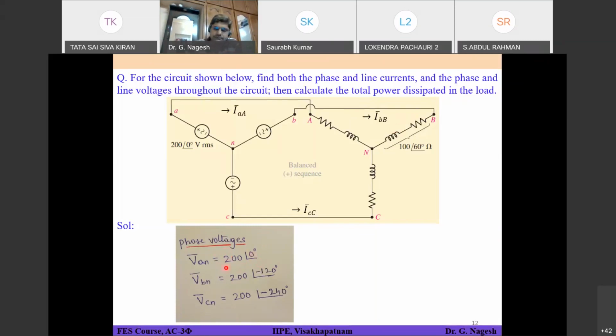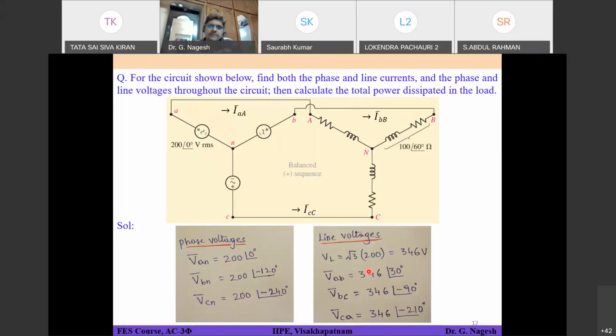So root 3 into 200, whatever value you get, that will be your magnitude, that means RMS value, and phase angle will be 0 plus 30 degrees. So that's why you have got plus 30 degrees here. Minus 120 plus 30, minus 90 you got. Minus 240 plus 30, you will get minus 210. That means line voltage is leading the corresponding phase voltage by an angle of 30 degrees.